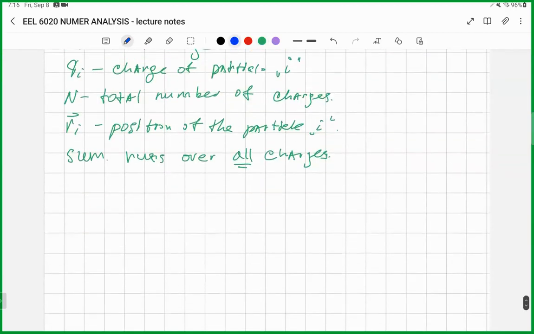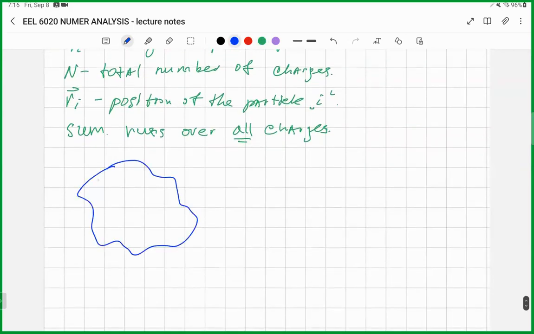To do so, I consider an arbitrary system with some charges distributed somehow, and I enumerate these charges: Q1, Q2, Q3, then Qi, and somewhere Qn.